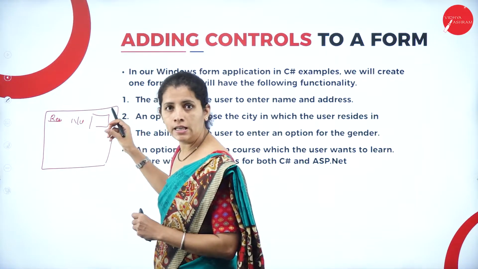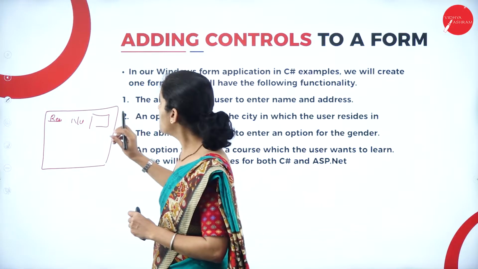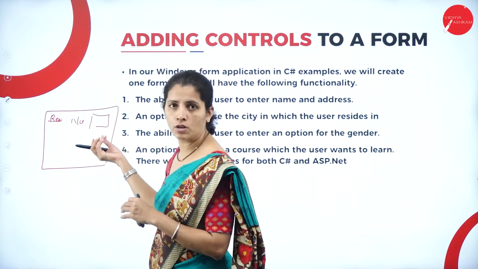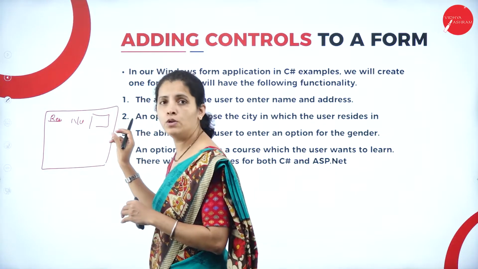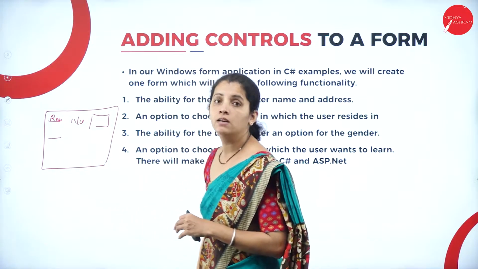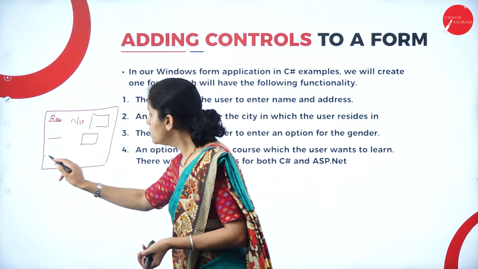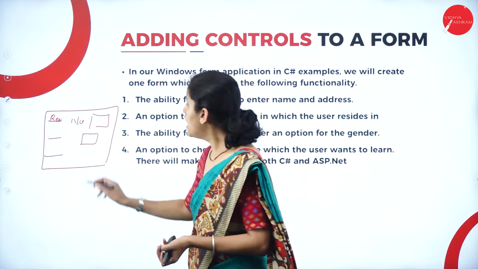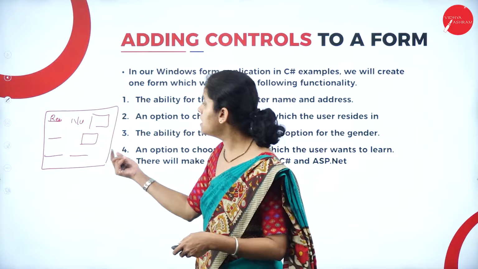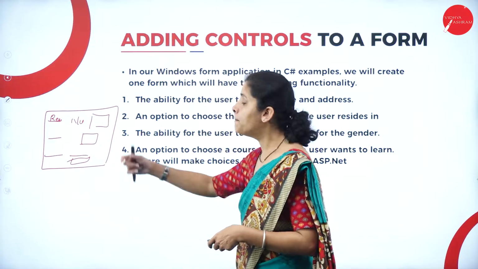Now, to read the number, I want to provide a text box, in the sense that I'm going to enter whatever value to the text box. Now, in my next label, I'm going to read the second number and once again a text box. Now, I want to display the sum and I'm going to use the label or text box to display the sum, and I must have a controller that is nothing but the button.